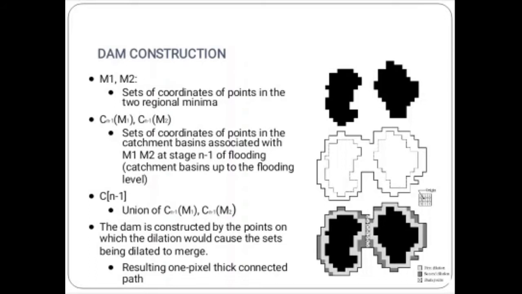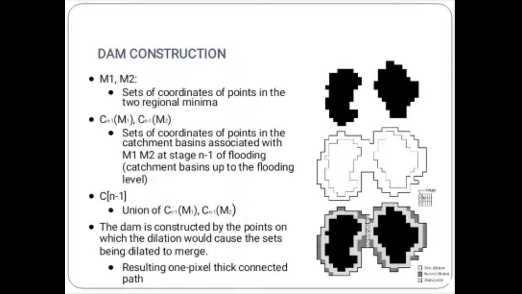In the first image, I am giving you a clear picture of the dam construction. Two partially flooded catchment basins at stage n-1 of flooding. The second diagram shows the flooding at stage n, showing that water has spilled between the basins.